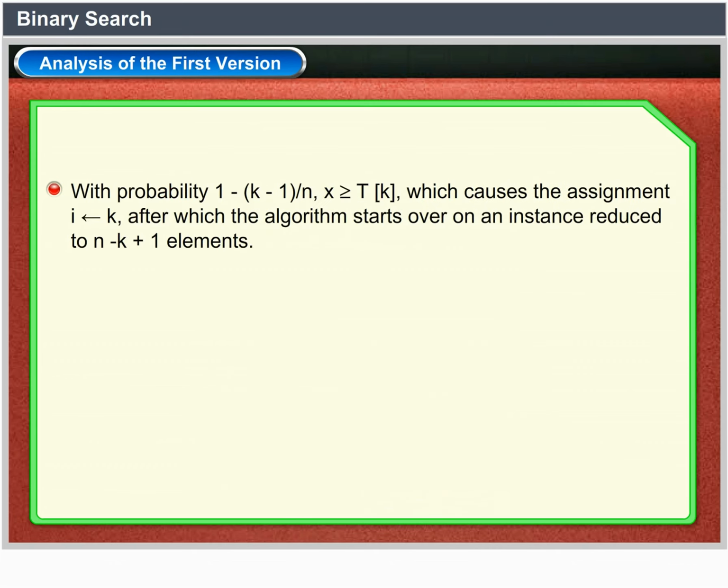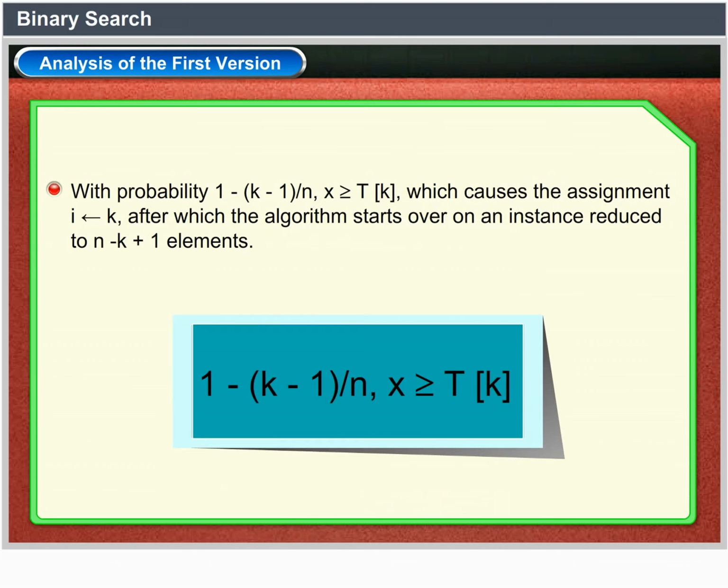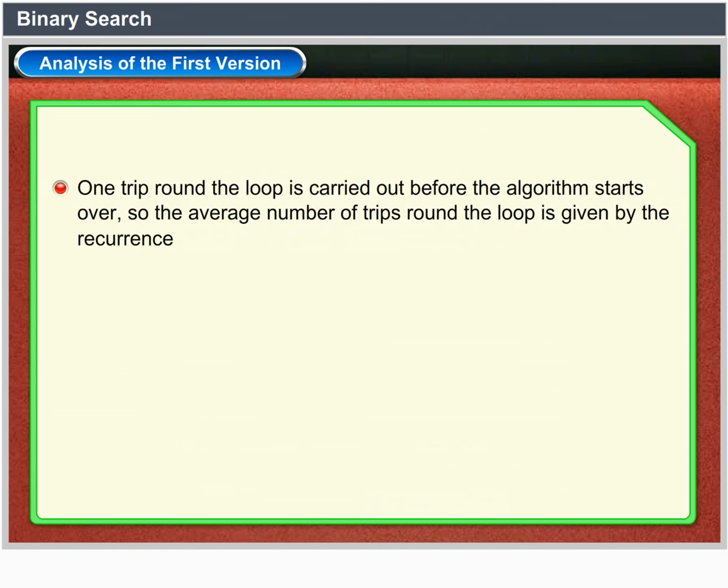With probability 1 - (k-1)/n, x is greater than or equal to T[k], which causes the assignment i gets k, after which the algorithm starts over on an instance reduced to n-k+1 elements. One trip round the loop is carried out before the algorithm starts over.